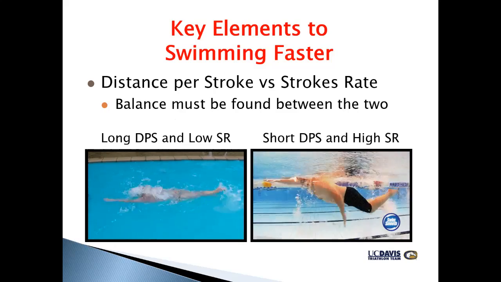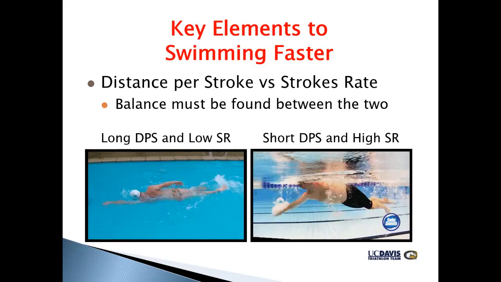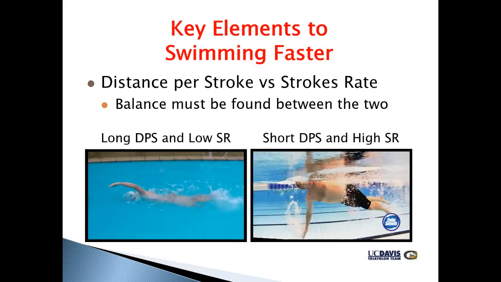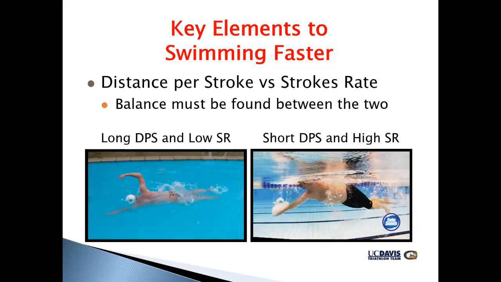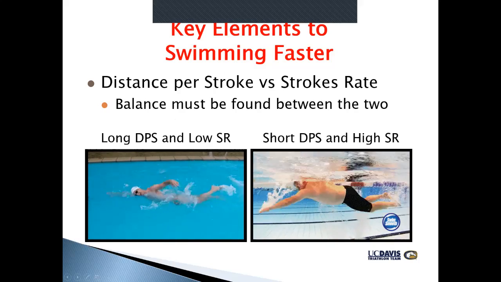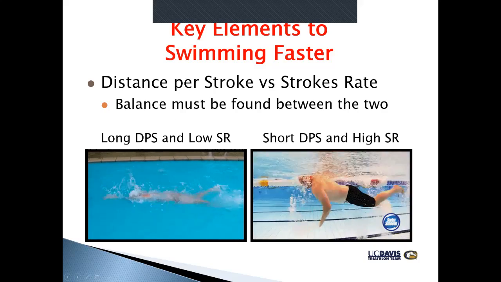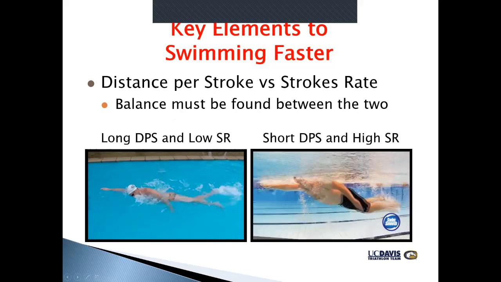Okay, so when you look at distance per stroke, what does that look like in terms of a good distance per stroke, or something that's really long or something that's really short? And you can see that here. The person on the left has a very long distance per stroke, and of course one of the characteristics of that, which I discuss later, is a very low stroke rate.